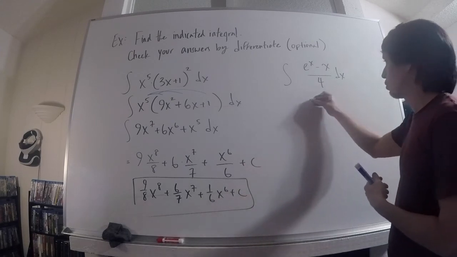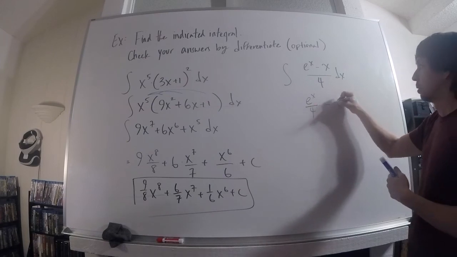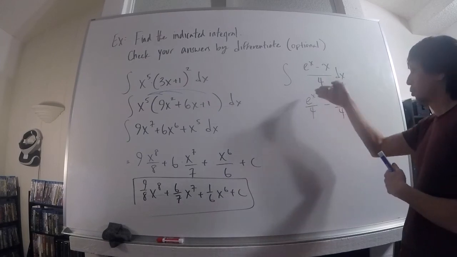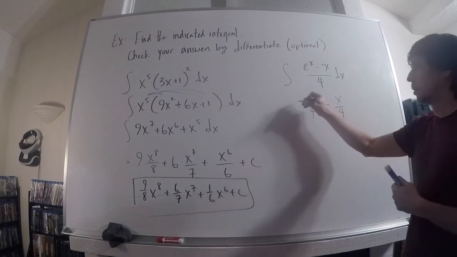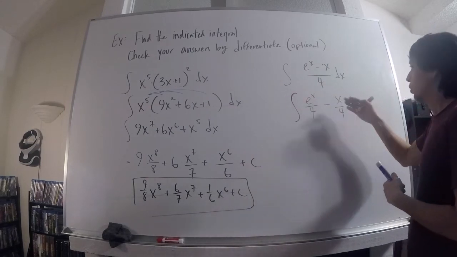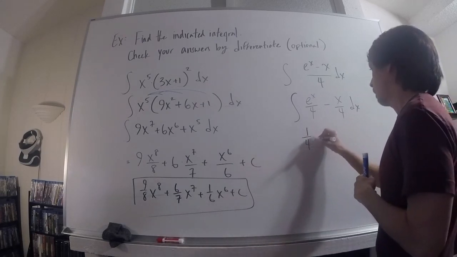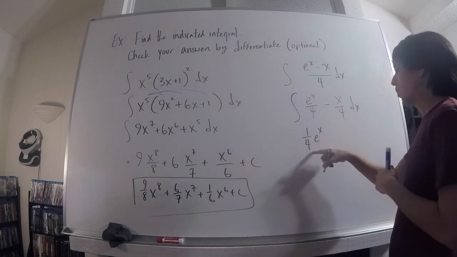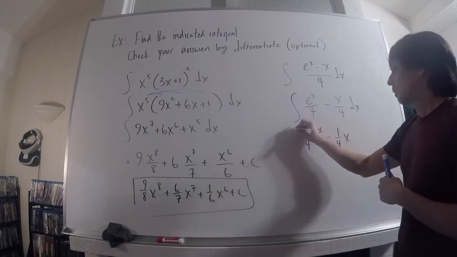Here it's a constant, so I want to break up the numerator into two separate terms, each over its own denominator, so that I can then do it term by term. Since it's the 4 on the bottom, that's just a coefficient of 1/4: 1/4 e to the x minus 1/4 x. That's how I'm rewriting it.